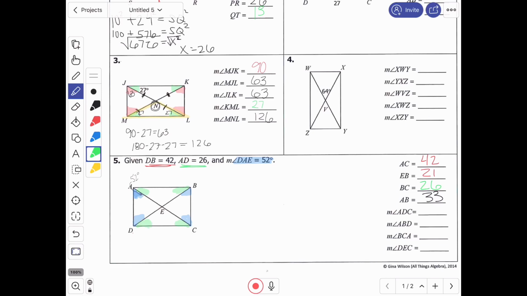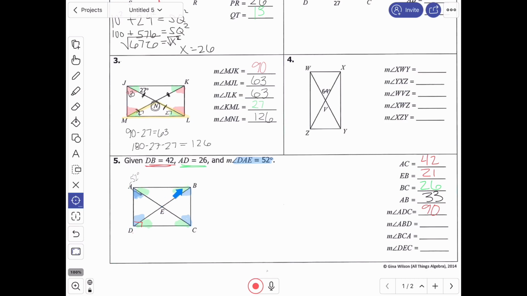Alright, so angle ADC is just one of the right angles in the rectangle, so I'm going to have 90 degrees. There's my right angle. Then angle ABD is one of those green angles.